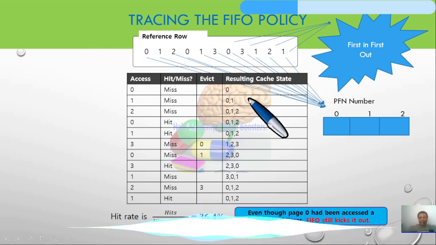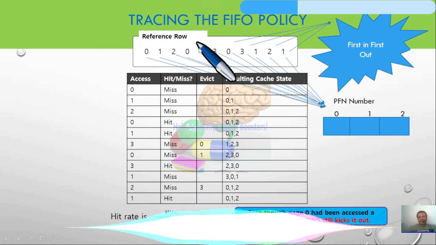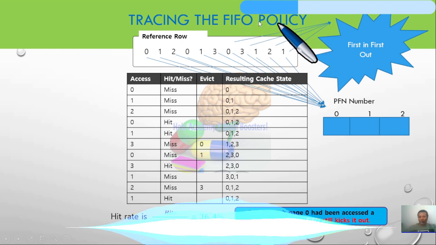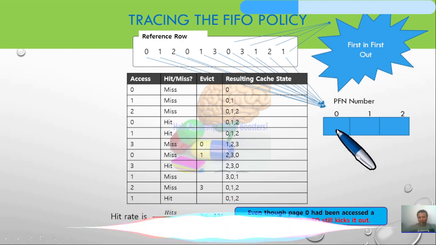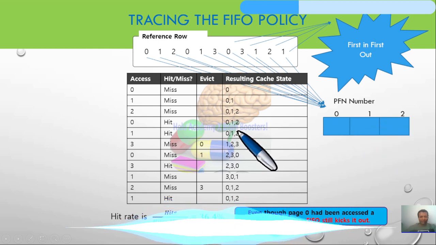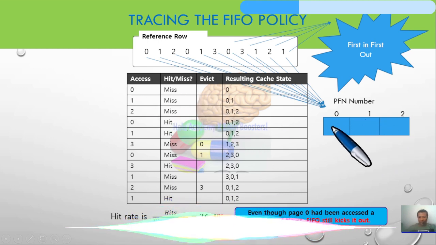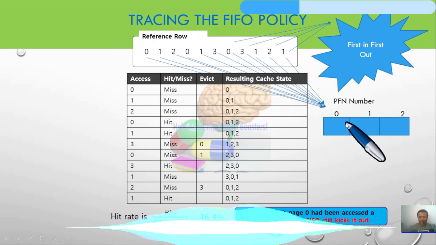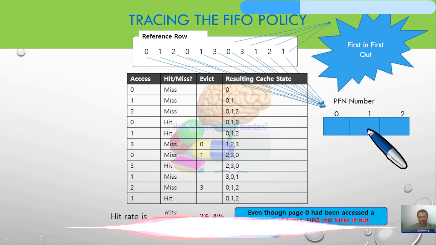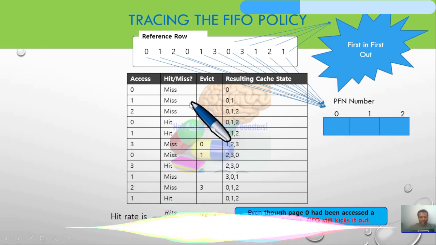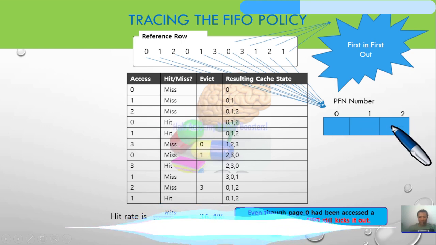So let's see the tracing of the FIFO policy. As usual, we have 3 frames. 0 is a miss because there is no 0 here, so 0 will be here. 1 is a miss, so 1 will be here. 2 is a miss, then 2 will be here.